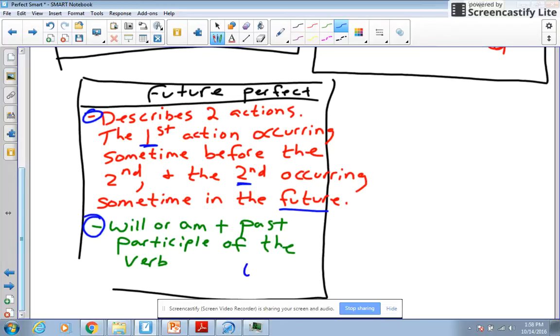So if I have walk, my past participle of walk would be walked with the ed, and then if I just add will, and in this case I'd have to add have, the helping verb have, will have walked, and this makes it future.